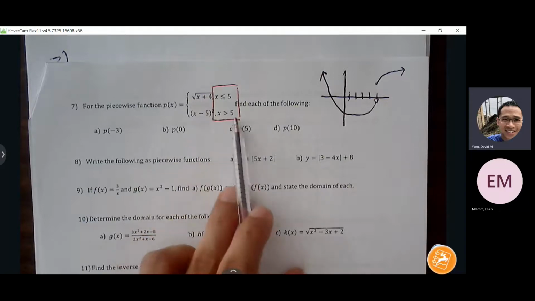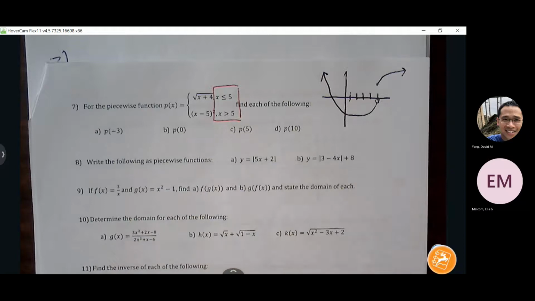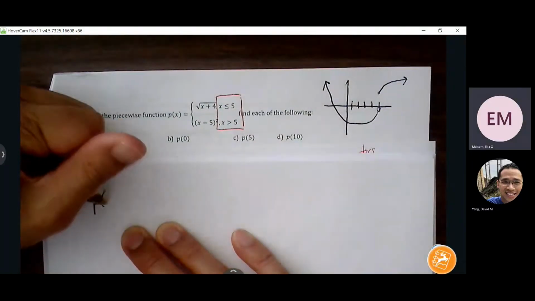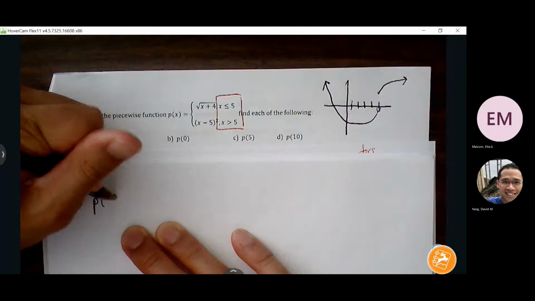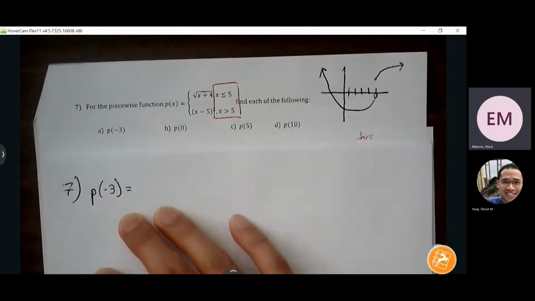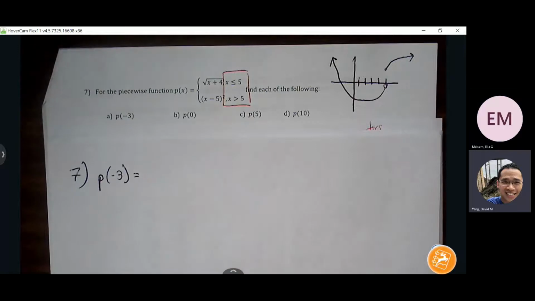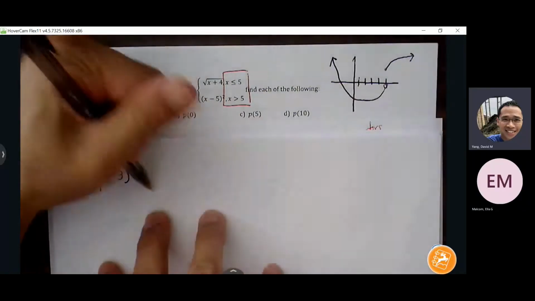Anything that's more than 5, I want to use this expression. Okay. So for A, since x is -3, I would use the square root one, right? Yeah, you would use the first one, right?